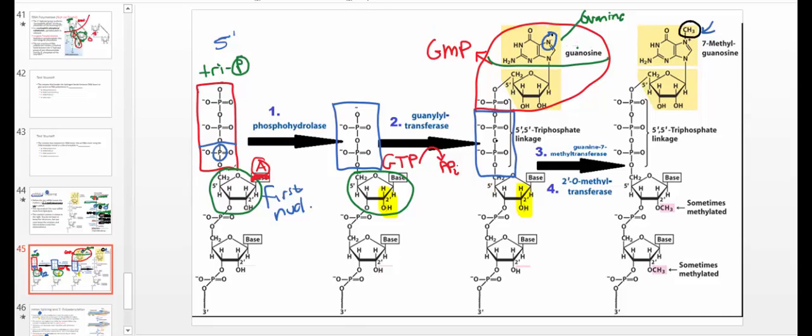So notice this hydrogen effectively, and others down here as well, this one as well, so let me highlight that. These 2' hydroxyl group hydrogens get replaced with methyl groups. And again, this is catalyzed by 2' O-methyltransferase.